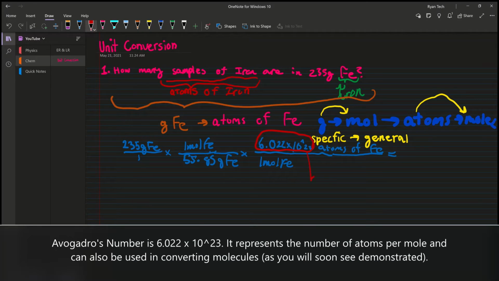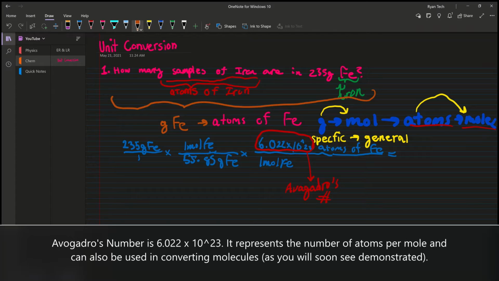Whenever you're converting atoms and molecules, you always have to use the 6.022 times 10 to the 23 number. This is called Avogadro's number. Whenever you're converting, say, grams to moles, you have to realize how many atoms are there per mole. Avogadro's number represents how many atoms of an element are there per mole. So that's what it means.